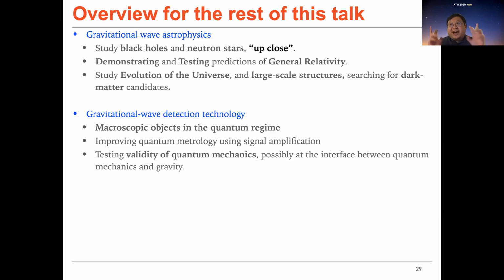If we don't see the echoes, then we will bound how black the black holes can be, and also correlating with large-scale structures, trying to understand large-scale structures of the universe. And finally, the quantum technology in LIGO is at the frontier of understanding macroscopic quantum mechanics. Thank you.